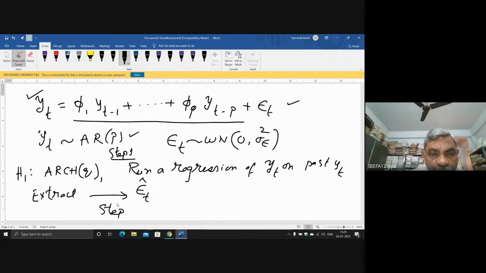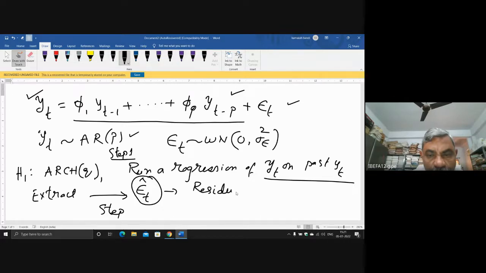No. Step 1 is to run a regression as shown here. Regress yt on past yt like this, up to what lags? P lags. What is the output that you get from step 1? Epsilon t hat. What is epsilon t hat? Residual from the regression.